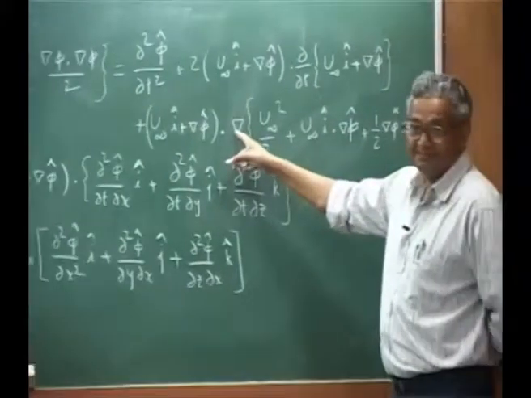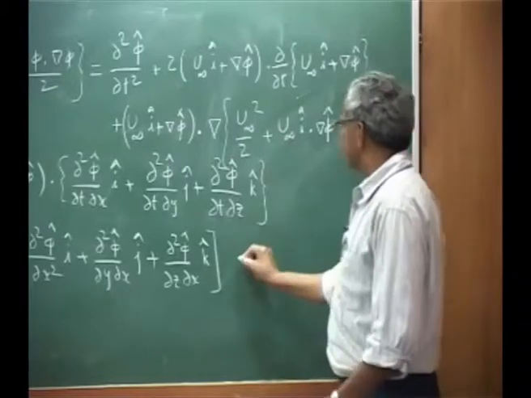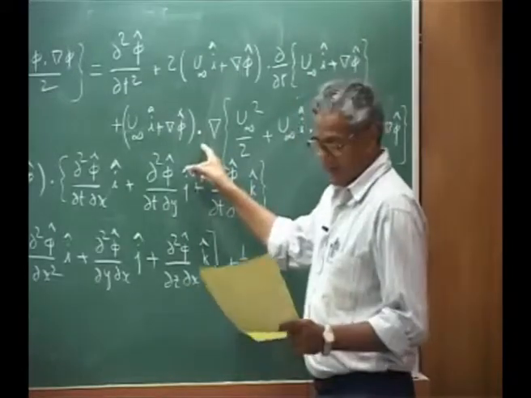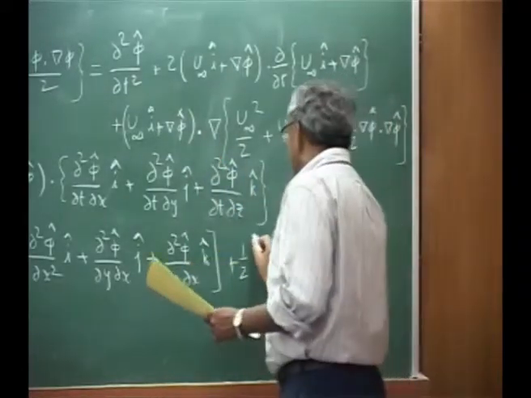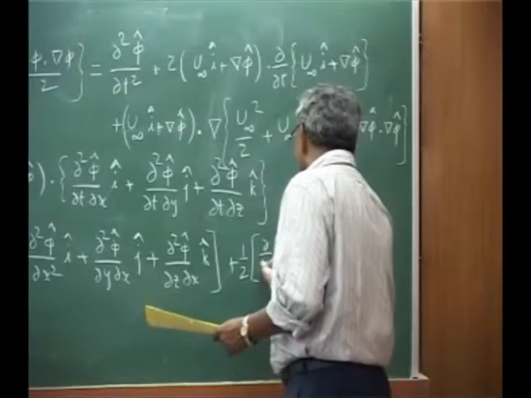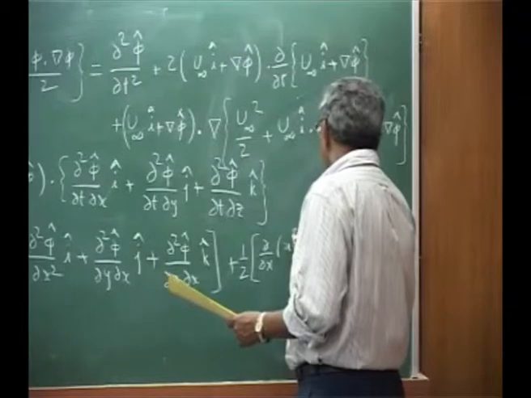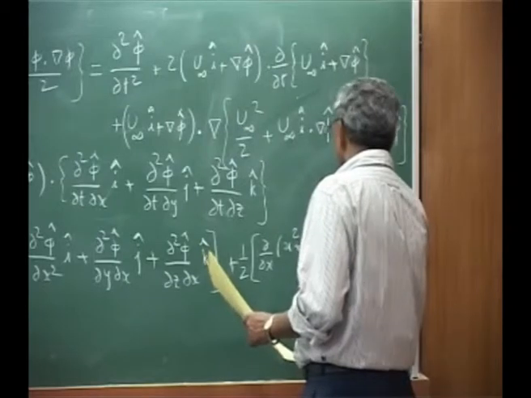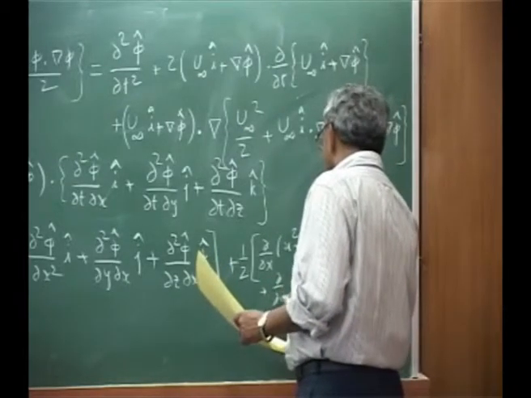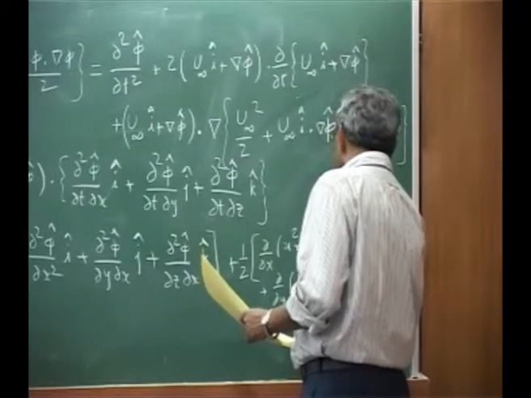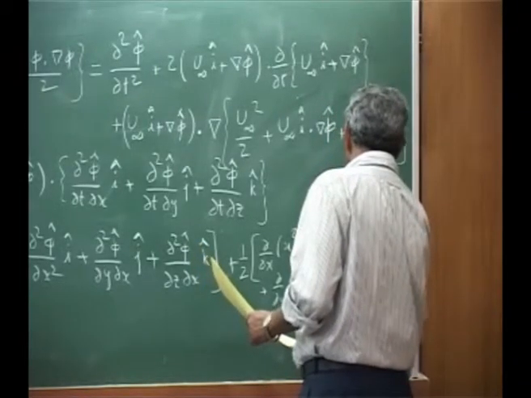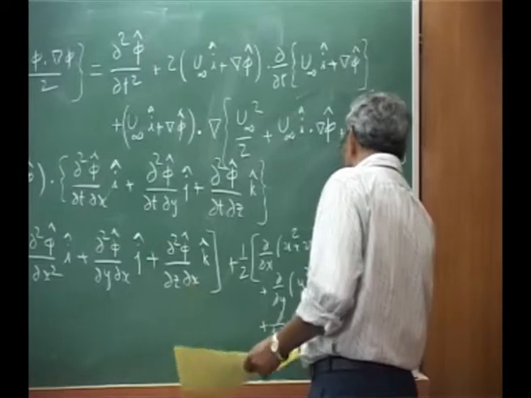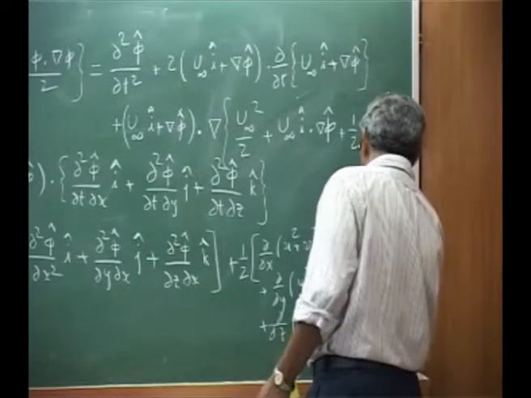And that you take a gradient. This is half the entire term, that you can take as half. You will have i, j, k. So you will write it as del by del x of u square plus v square plus w square i, plus del by del y of u square plus v square plus w square j, plus del by del z of u square plus v square plus w square k.